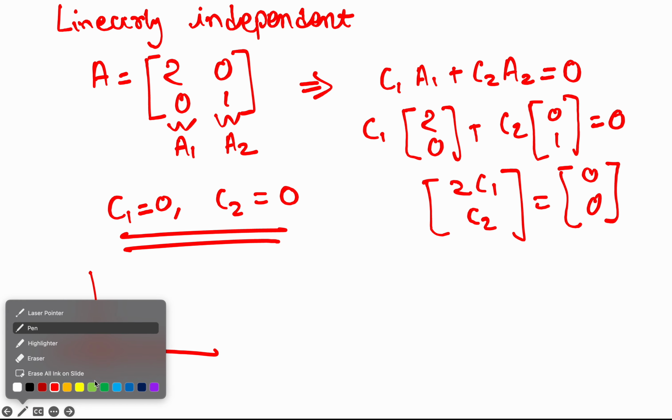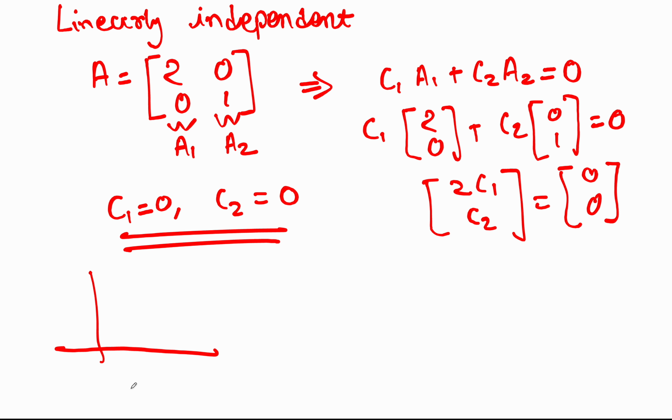In this case they are lying along the two perpendicular axes. It need not always be the case; an angle of 90 degrees is not necessary to be linearly independent.